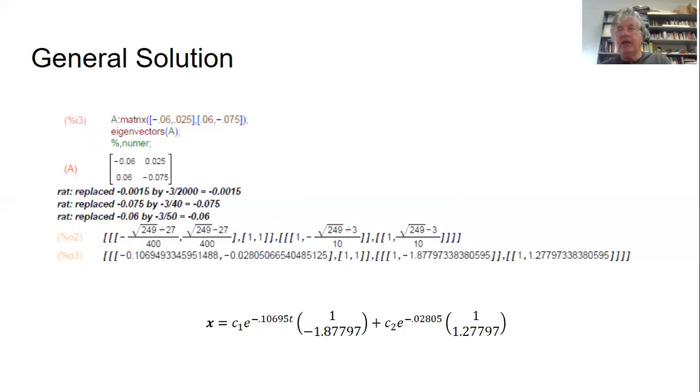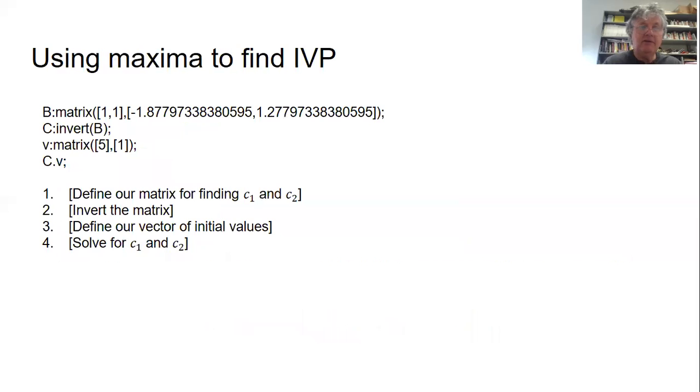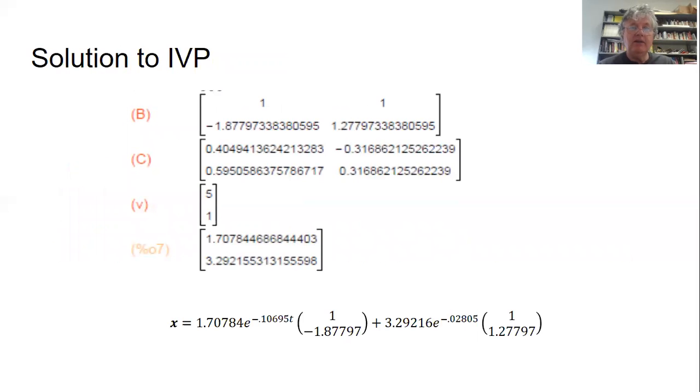I invert that matrix, so the vector C is now going to equal B inverse times that vector V. And there we go. There's B, there's C, there's V, and then the output there is our constant values for those initial conditions. And so if you change the initial conditions, then you still use the same matrix, and it'll give you the values. And so that's then our solution to our initial value problem.